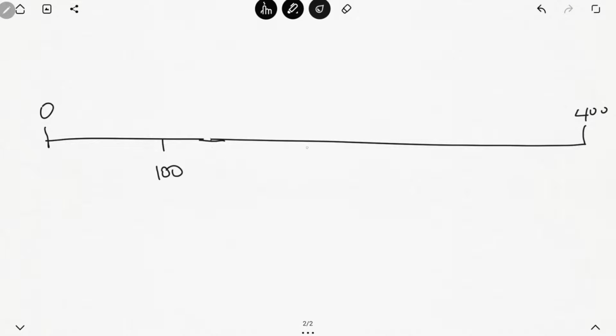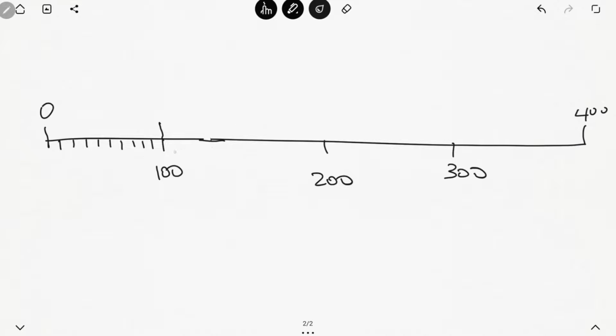Let's say this is 100, this is 200, this is 300, and that is 400. Let's say between each mark we have 9 lines. That's not equal, but let's say that's what we have throughout each mark.